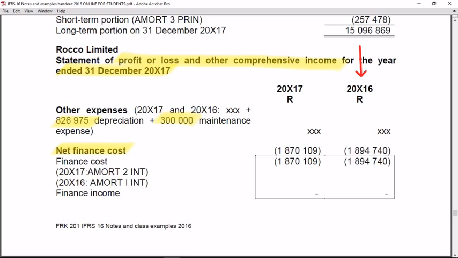Again, if you've input the variables identified above, you can make use of your amort function to identify the interest portion of each payment. Just make sure that you use the correct periods. For 20X16, it was the first interest period, and for 20X17, the second interest period.